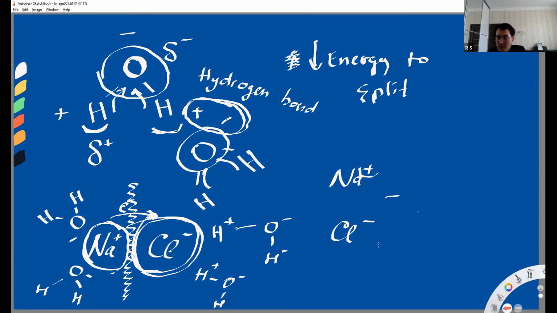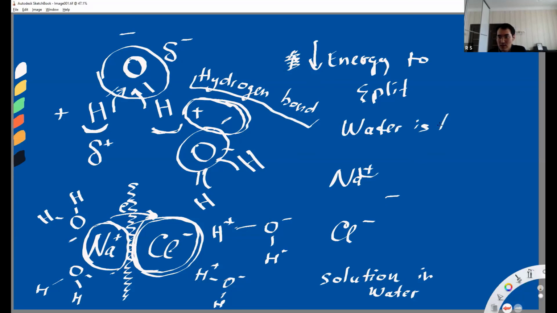And this is the solution in water. And because water molecules are very potent in making hydrogen bonds, water is the universal solvent.